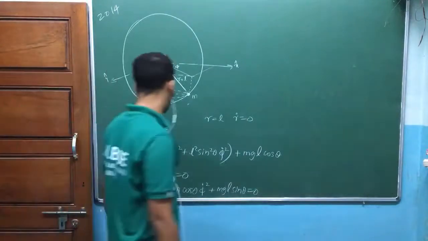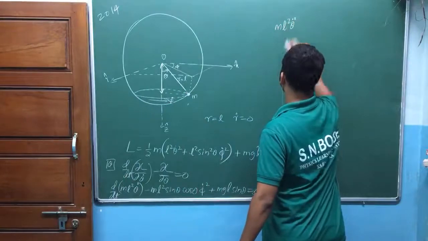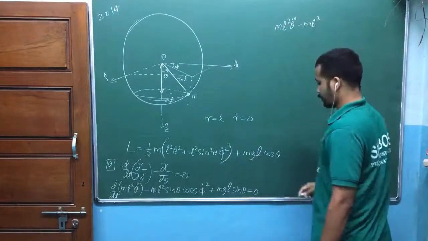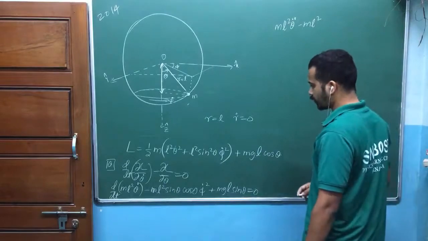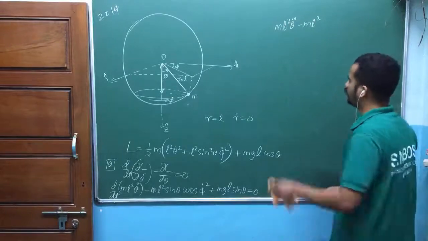Let me keep it here. m L square theta double dot minus m L square sin theta cos theta phi dot square. I can divide the whole thing by m L square, that's a good idea.